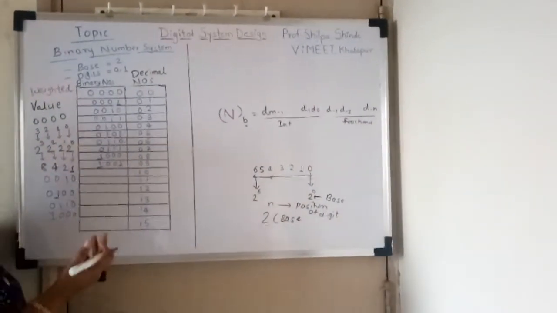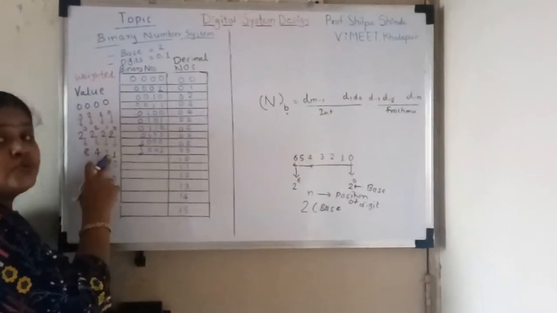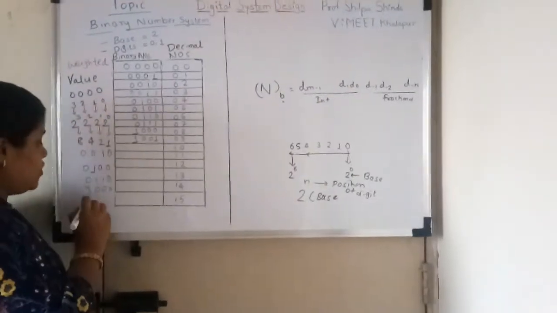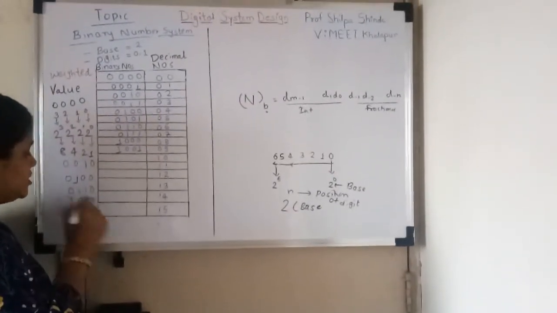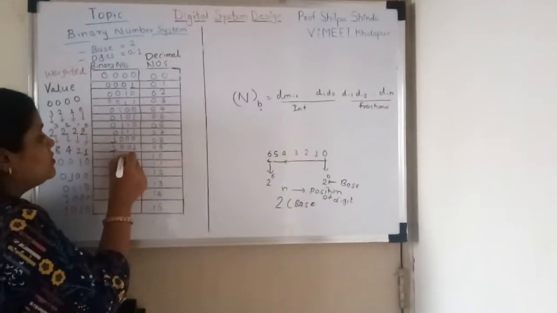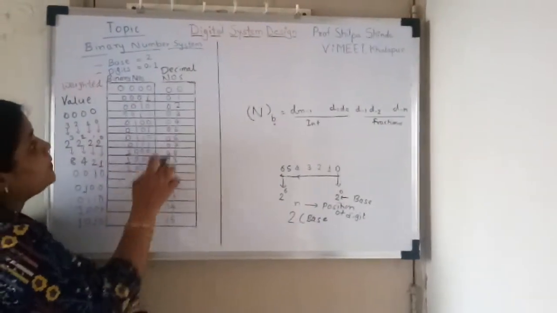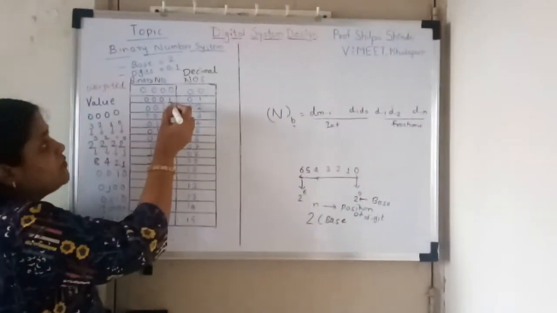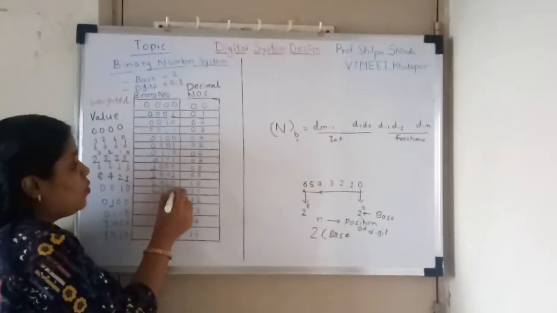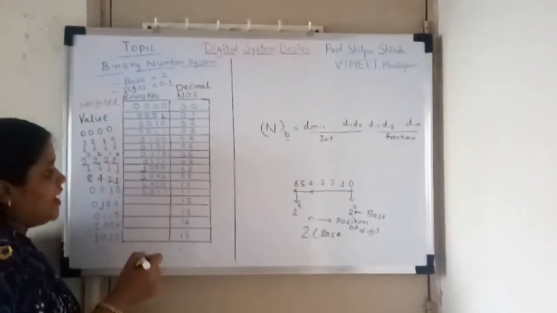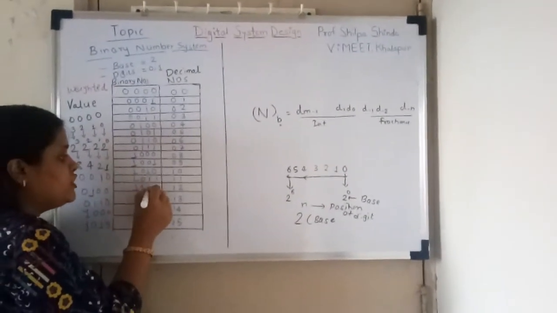Now we want to find the value of 10. We know that 8 plus 2 equals 10, so this bit is 1, this bit is 0, this bit is 1, and this is 0: 1 0 1 0. For 11, the last bit is 1, so 1 0 1 1. 8 plus 4 is 12, so 1 1 0 0.